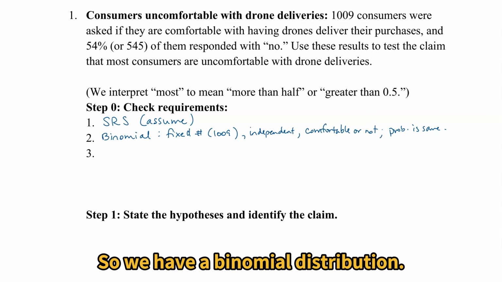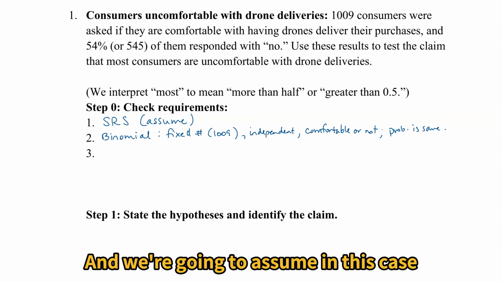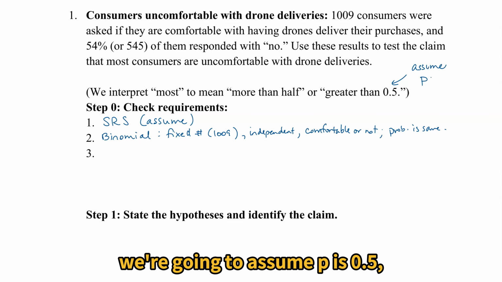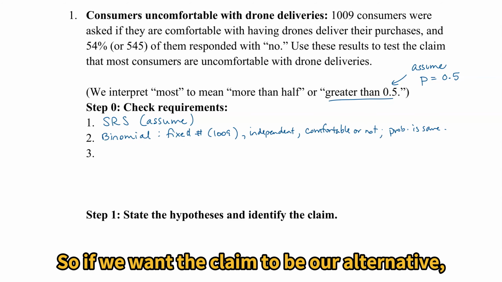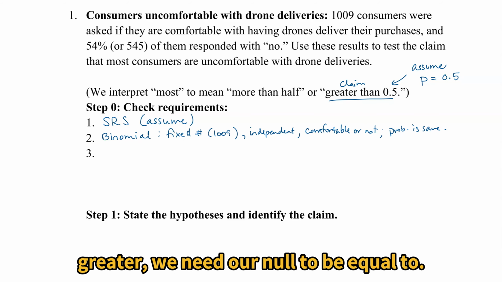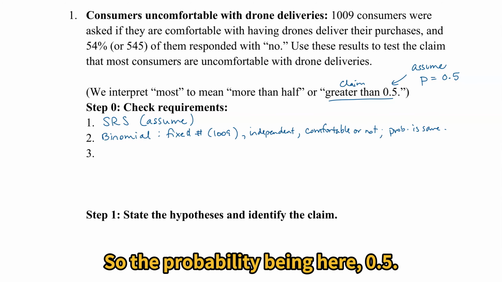So we have a binomial distribution. And we're going to assume, in this case, since most is more than half, that p is 0.5. Because this claim, greater than 0.5, is going to be our alternative. So if we want the claim to be our alternative, greater than, we need our null to be equal to. So the probability being here, 0.5.